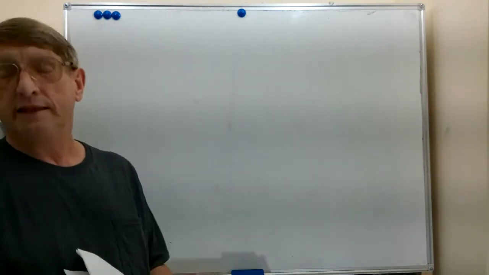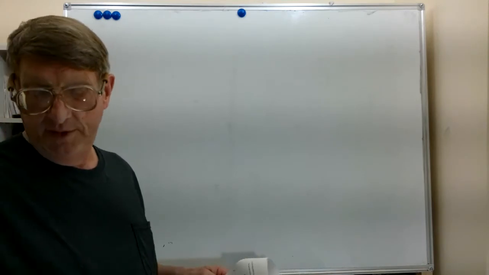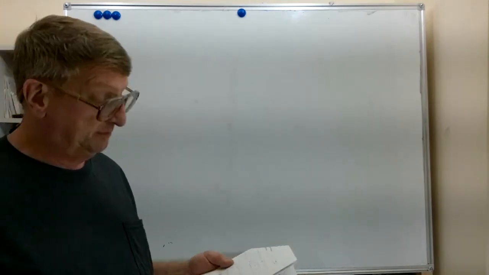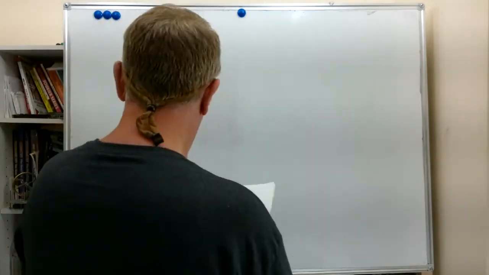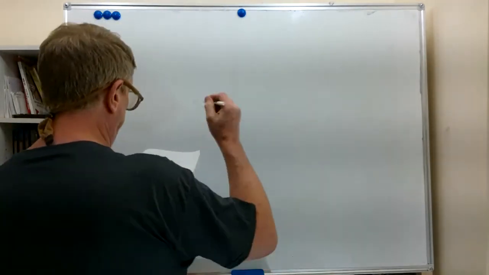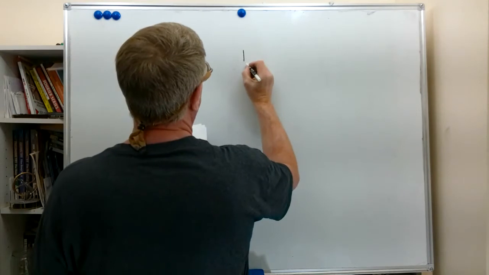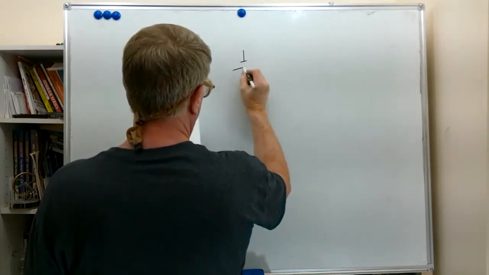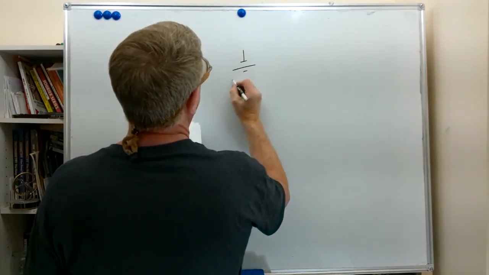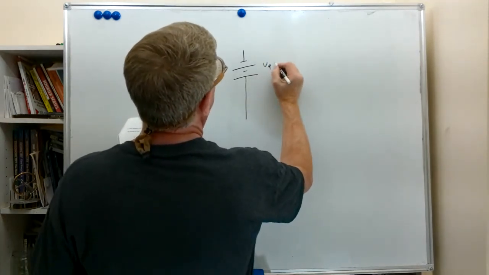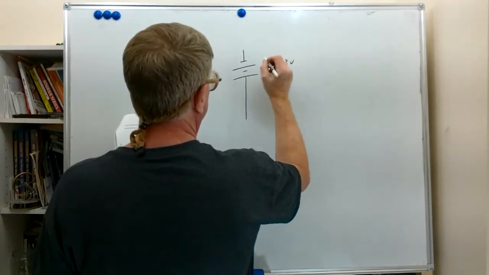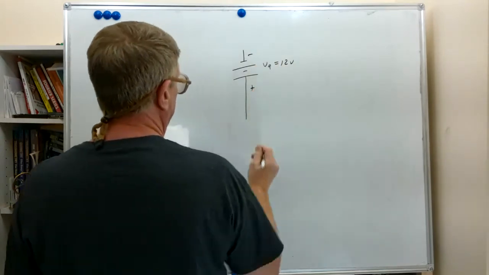We're talking a little more about what happens in a parallel circuit. We're going to draw another diagram. We're going to do a little bit more calculating with this one. Voltage applied equals 12 volts, and negative and positive.